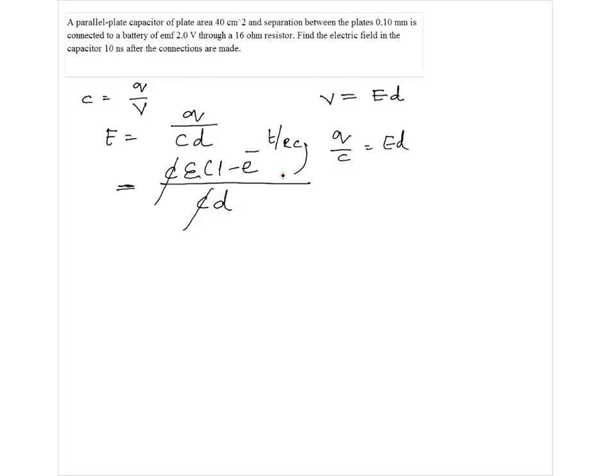So when I say not an assignment, it means submission is not required, and the answer is 1.7 into 10 to the power minus 4 volt per meter.